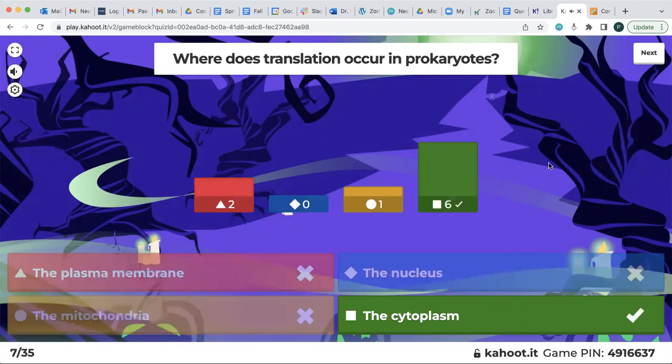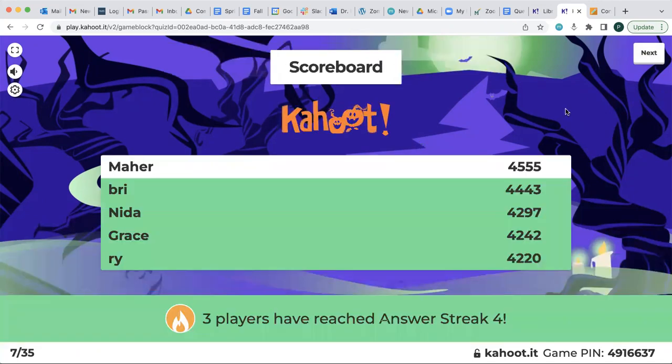In the cytoplasm. Yep. If someone answered mitochondria, a prokaryote does not have any organelles. So cytoplasm is where translation occurs in prokaryotes.